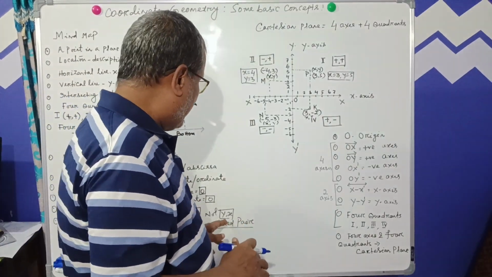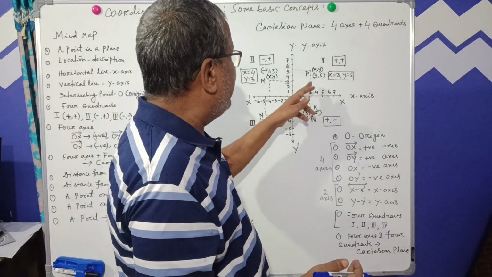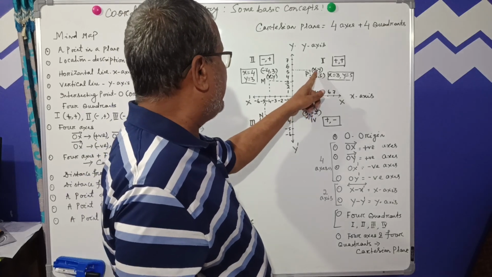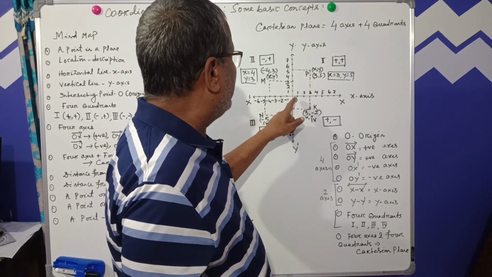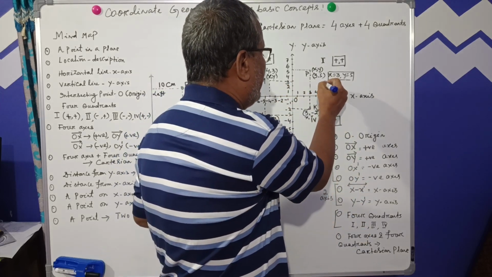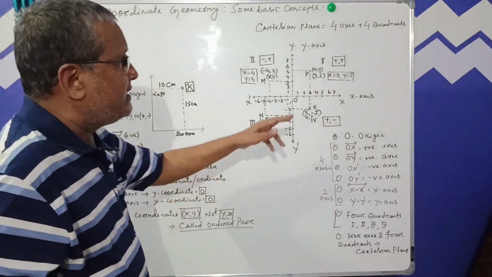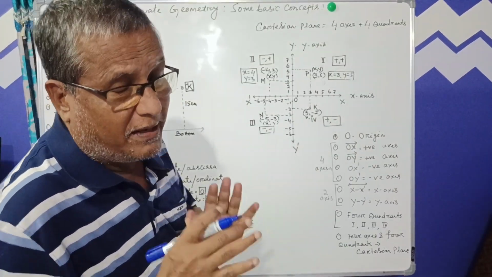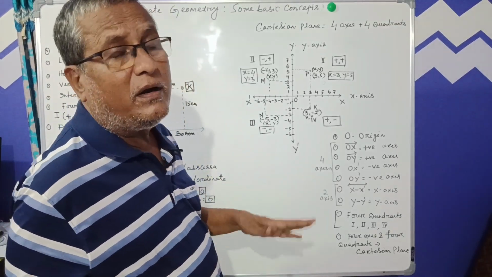If we take y, x, then the location will be different. If y is 3 and x is 5, then y3 means here and x5, the point will be here. But in coordinate geometry, it is called an ordered pair, always written x, y. x is first, the abscissa or the x coordinate, and y the y coordinate or ordinate.